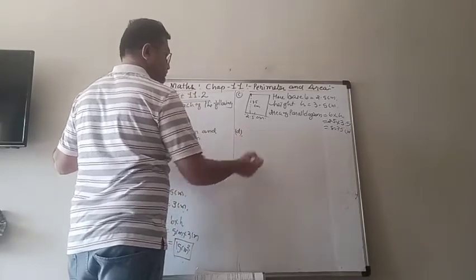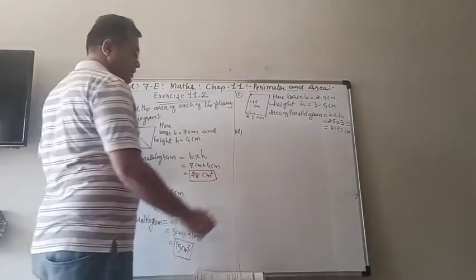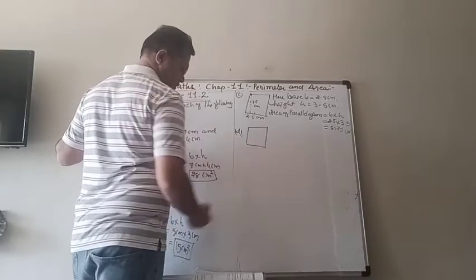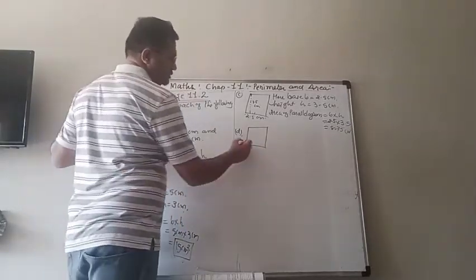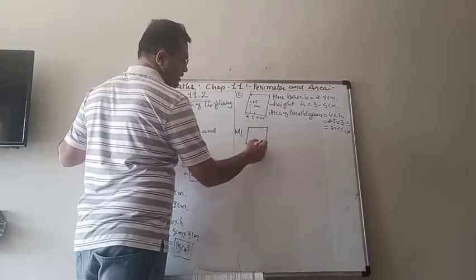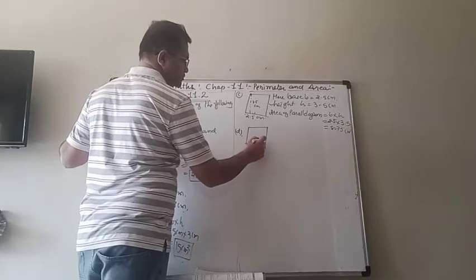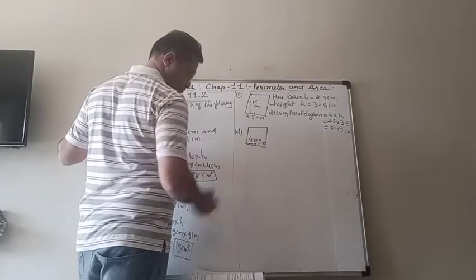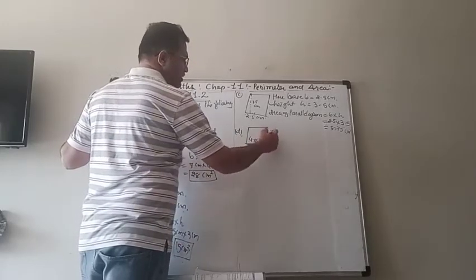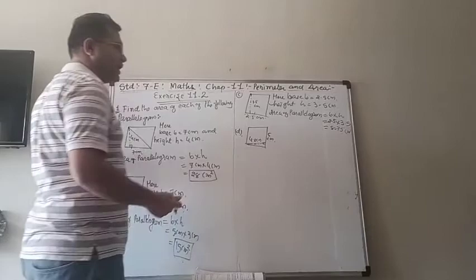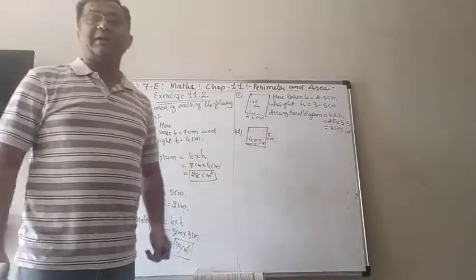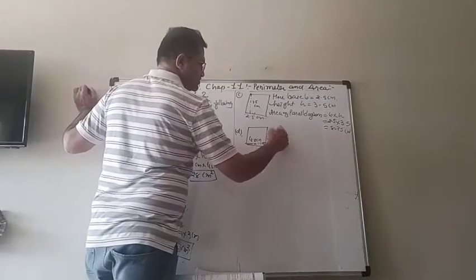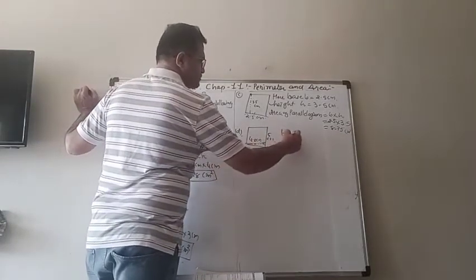Then take D. Here it is a little different. Here the altitude is given like that, and that is 4.8 centimeter, and base is taken as this one, because we know that any side of the parallelogram can be taken as the base. So here this is the base and this is the height.